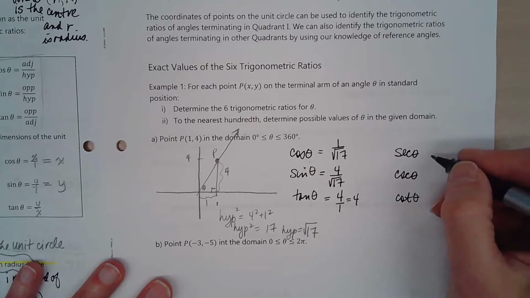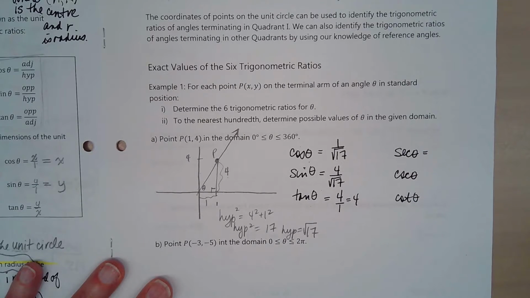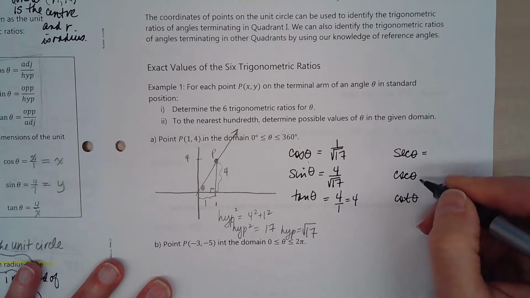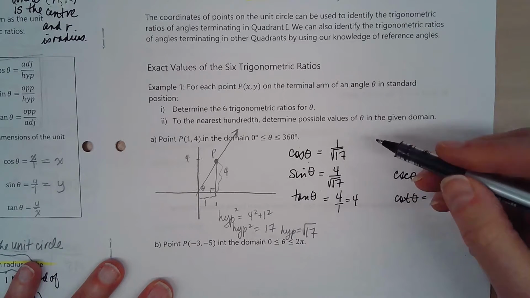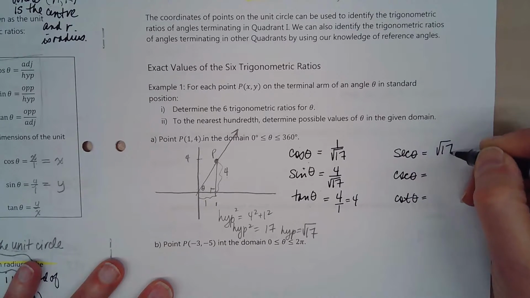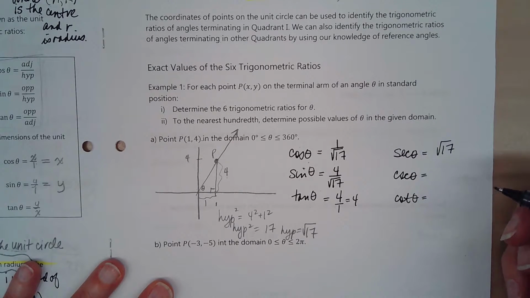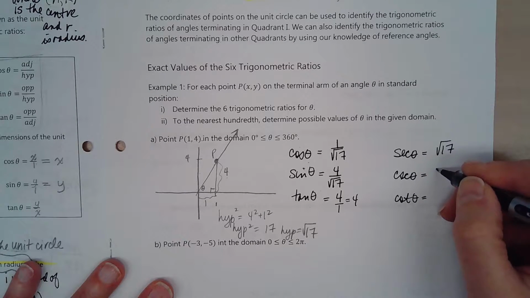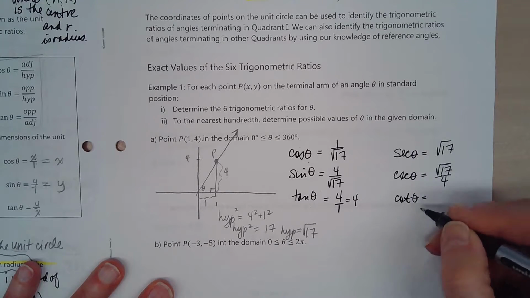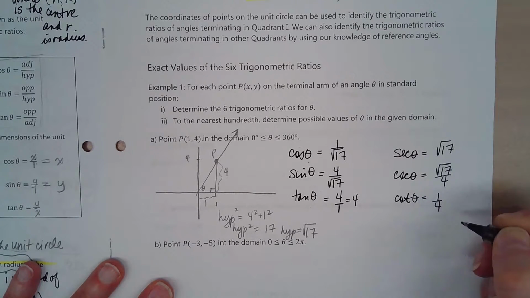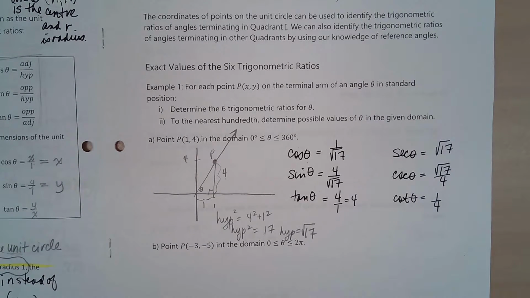So what will secant equal? Yeah, so it would be just root 17, wouldn't it? Or root 17 over 1. This would be root 17 over 4. And this would be 1 over 4. That's it. That's all we're doing. We're just establishing the ratios.